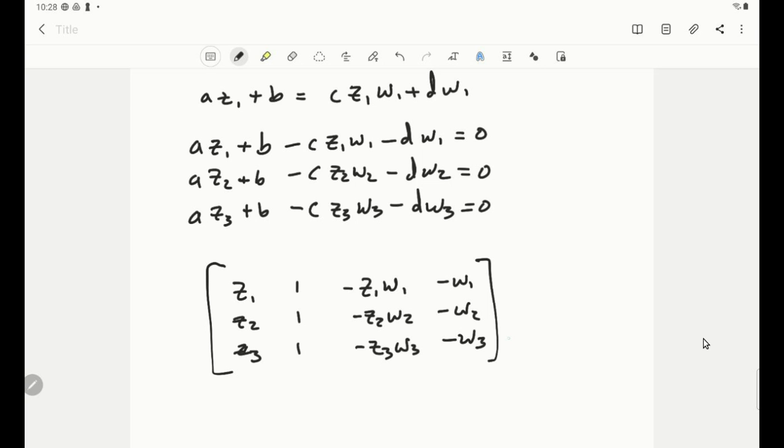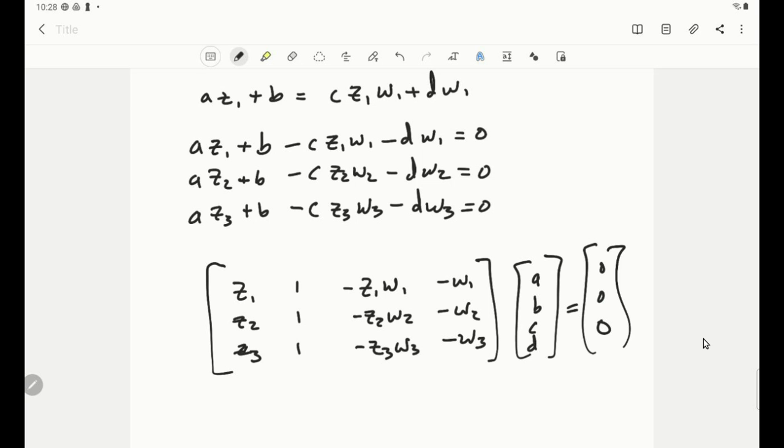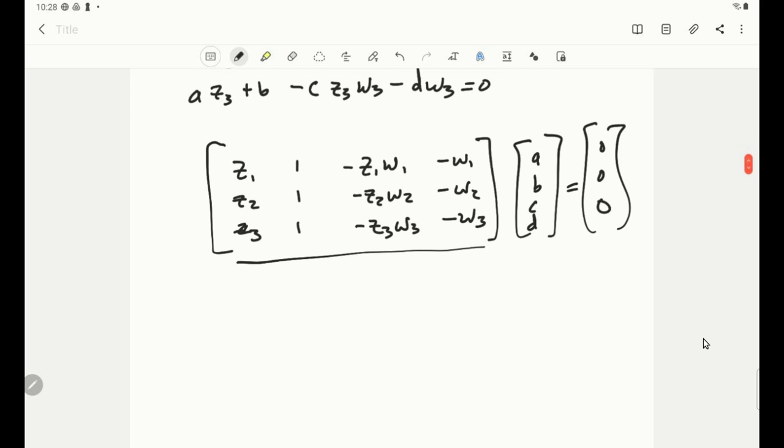So I'm going to actually use that matrix. Now I'm multiplying by A, B, C, D here, and I get zeros on this side. I can just work with this in Sage, and what I'll do is what's called a reduced row echelon form.